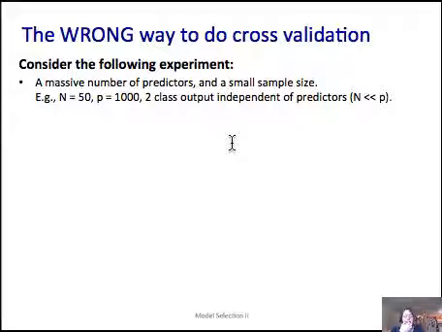Consider the following experiment. You have a massive number of predictors and a small sample size. Incidentally, in a standard classification problem, you usually have an n that is much greater than p. So that's a great situation to be in. Now we're faced with a situation, almost always, in bioinformatics and biostatistics that looks like this. N is severely less than p.